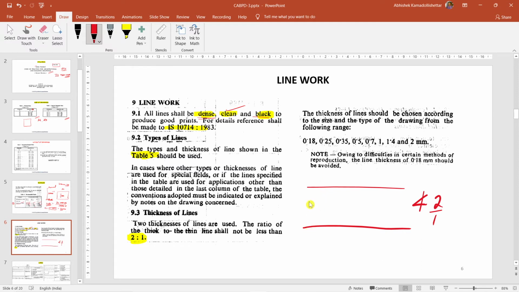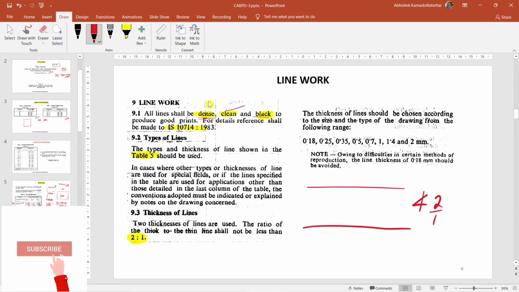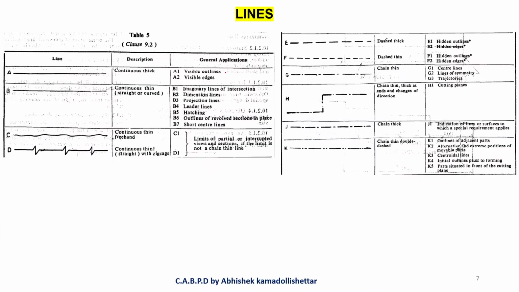Next, the thickness of line should be chosen according to the size and type of the drawing. There are different thicknesses of lines that you will have in the software.